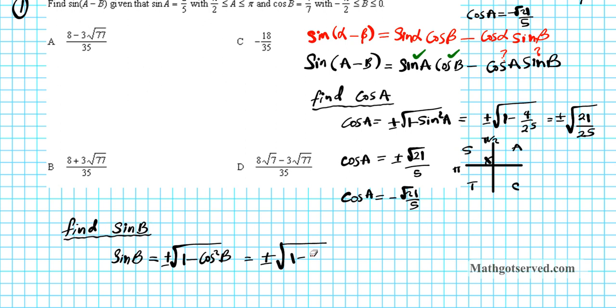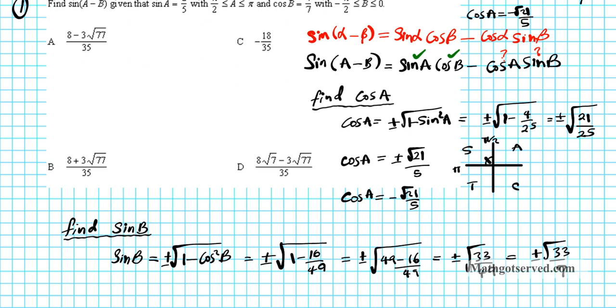So if we square that, it's 16 over 49. Then if you write 1 as 49 over 49 and subtract 16 from 49, we get 33. So this becomes plus or minus the square root of 49 minus 16 over 49. So that becomes plus or minus root 33 over 49. And then when we break it apart, it's plus or minus root 33 over 7.